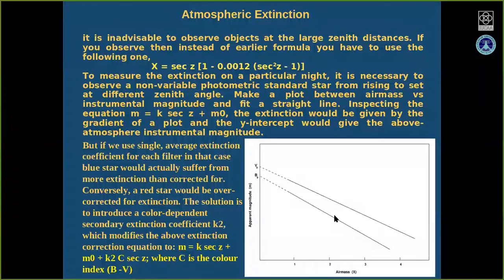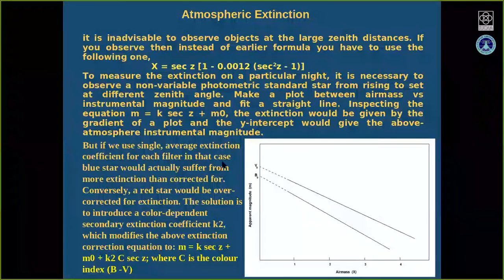So now you see, in this way you can observe your object in different astronomical filters, U, B, V, R, I, all those filters, and then you can find out the extinction coefficient in all photometric bands. But there is an issue. What is that issue? Let us see. If you use the average extinction coefficient for each filter, then what will happen?